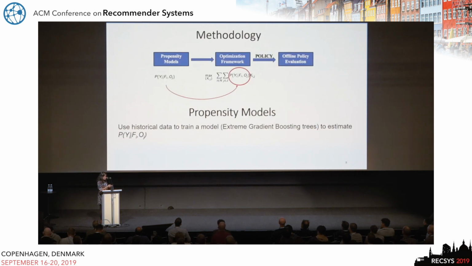The methodology we followed is, first, we use propensity models to estimate a customer's likelihood to visit given their historical attributes and given each of the emails, which are the offers in our case. We did this using an extreme gradient boosting method, but there could be other methods like logistic regression or neural networks. We used the random data which was available in this data set, but in practice we can use A/B test data to build this propensity model.